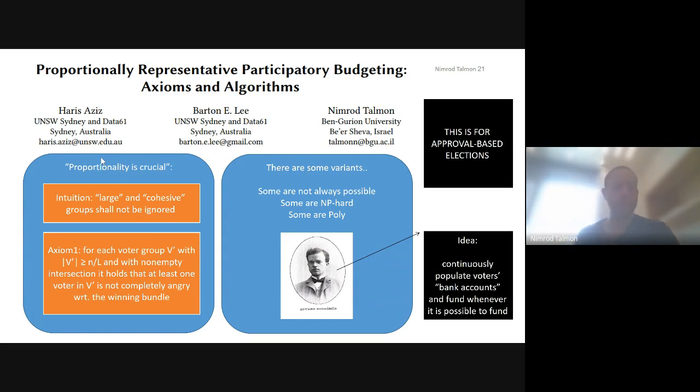And one of them is written here on the left, axiom 1. It also lifts axioms for finding proportional parliaments or proportional committees in multi-winner voting, but for the setting of participatory budgeting. And let me try to explain the flavor of these proportional axioms.